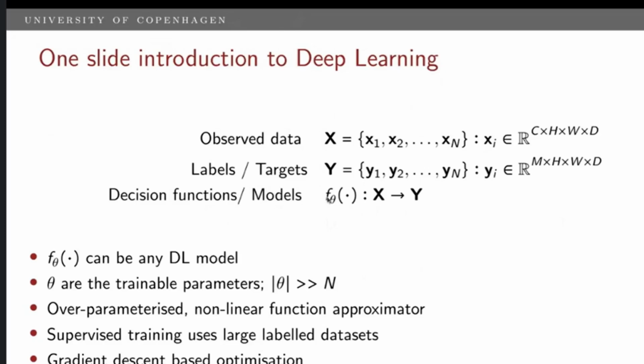We want to get to a model configuration which can do this mapping from X to Y, but to do that we have to train these neural network parameters, using gradient descent. This is where a lot of the compute is involved, because if your theta is 175 billion parameters, and the number of data points you have is 500 million images or whatever, even parsing through them once to make a gradient update can be quite expensive.